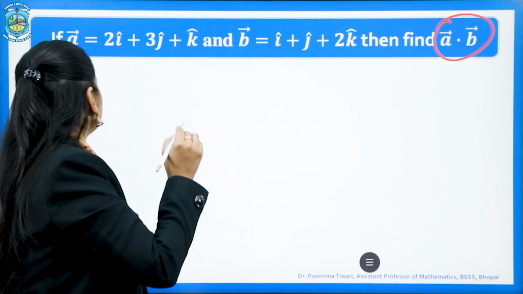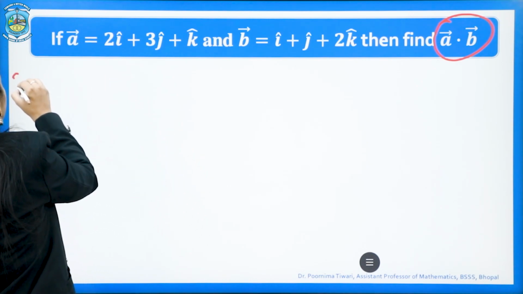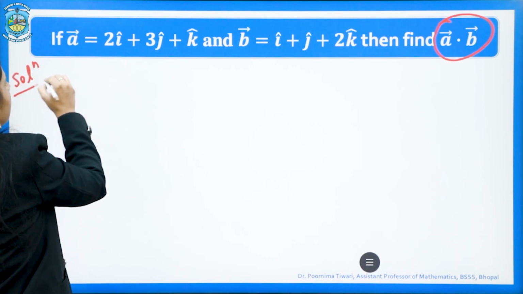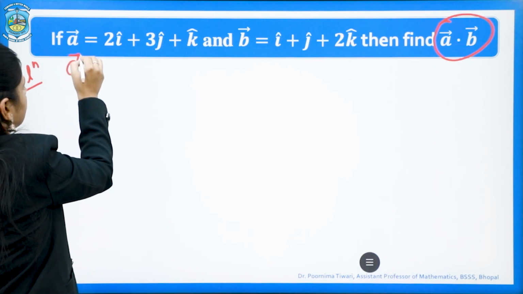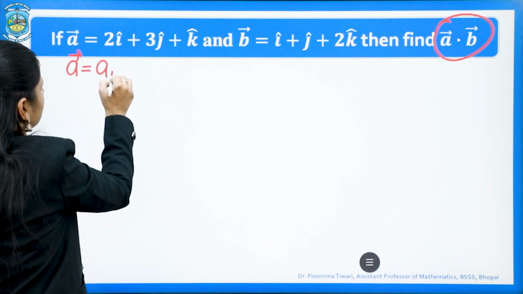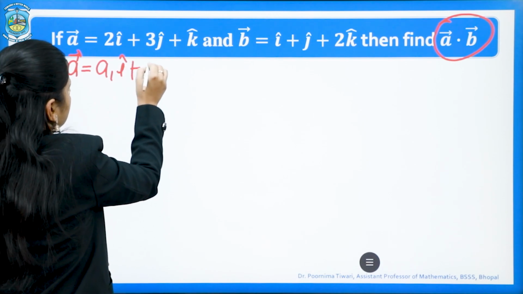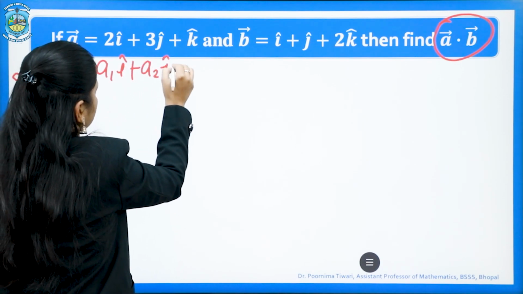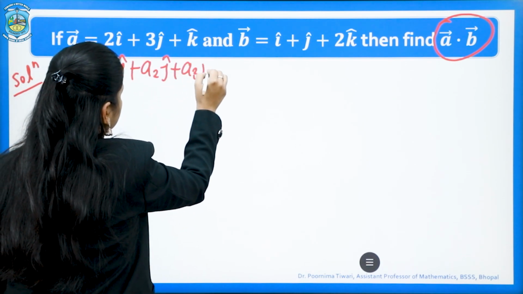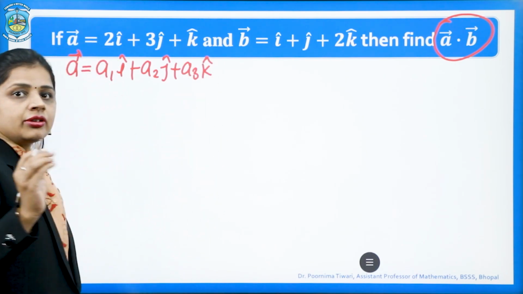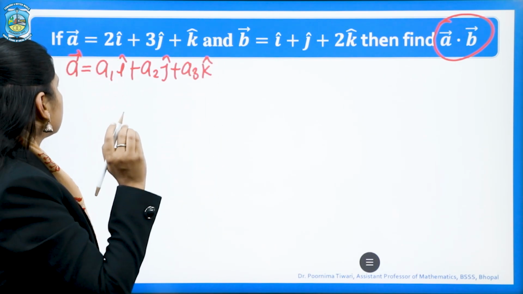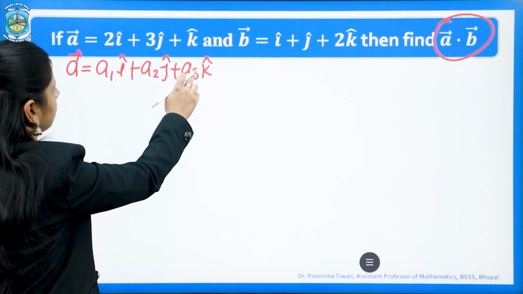B. So, first in the solution, we will compare this vector A with the standard form A1 i cap plus A2 j cap plus A3 k cap, and we will find the value of components A1, A2, A3.